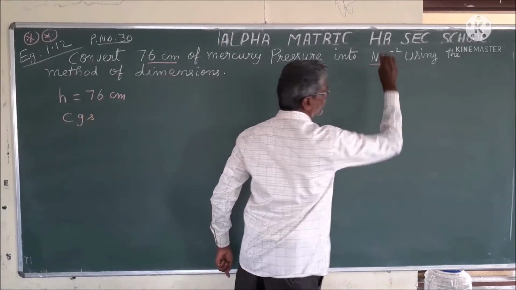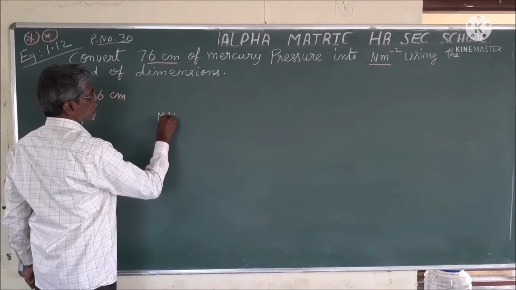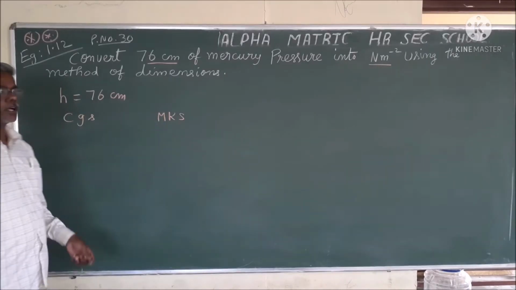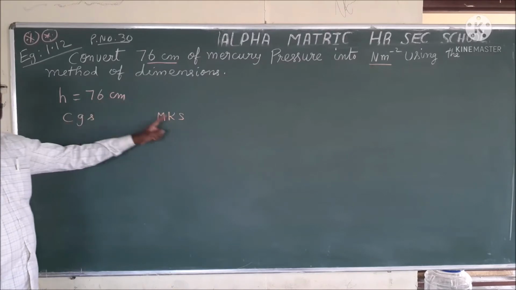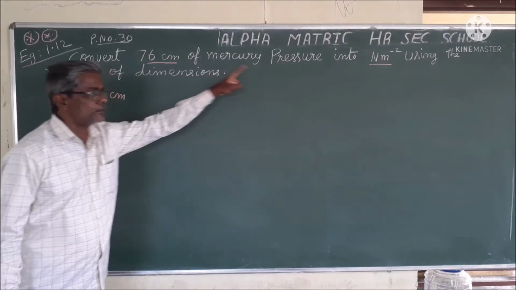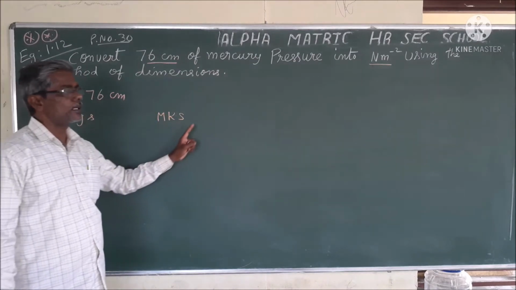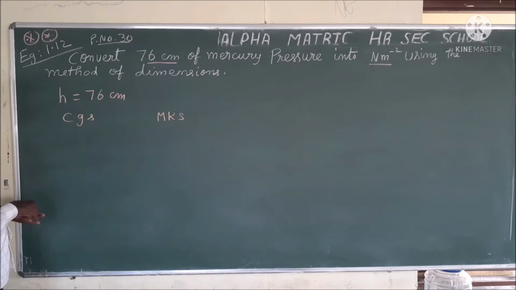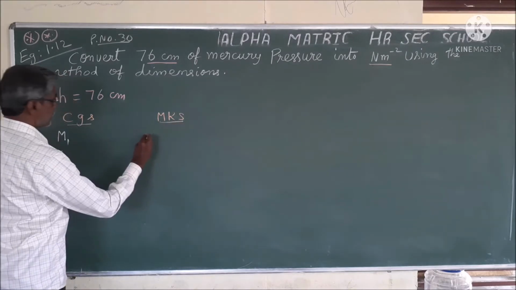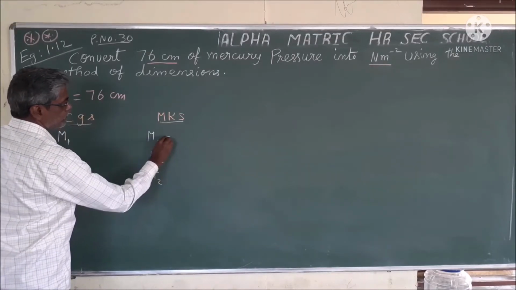This newton per meter square is in the MKS system. So now we should convert this CGS into MKS. Pressure should be converted from the CGS system into the MKS system. Now we will write M1, L1, T1 in the CGS system like that, and M2, L2, T2.